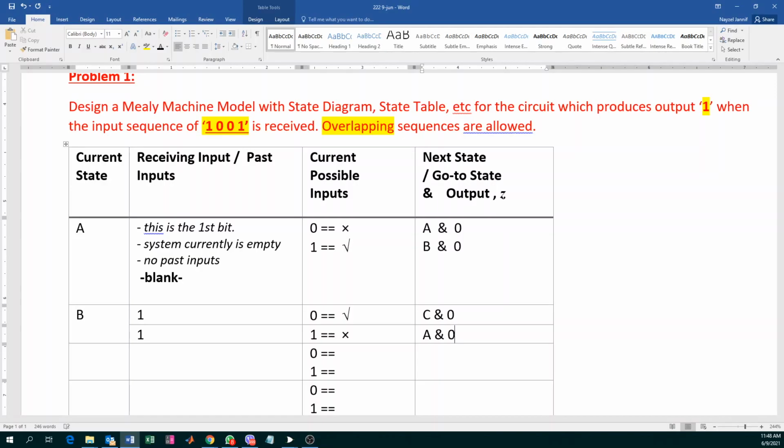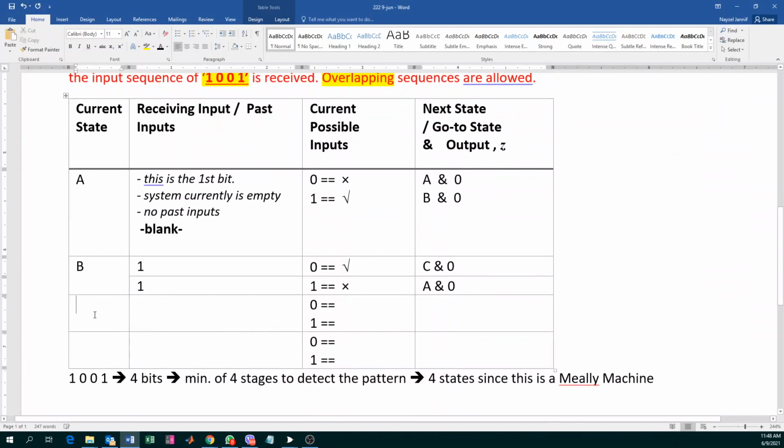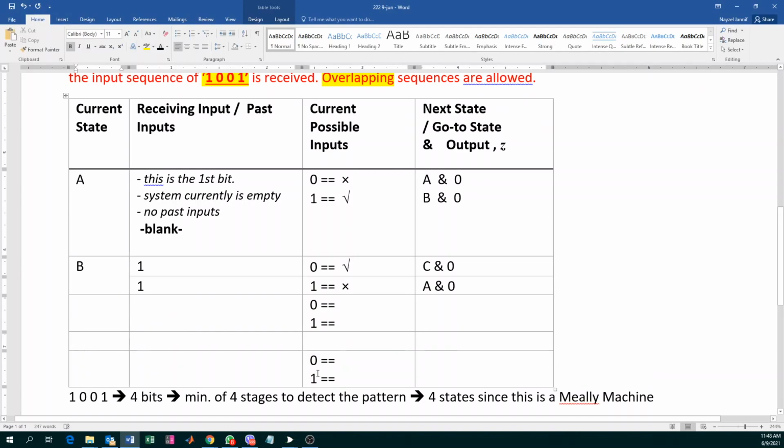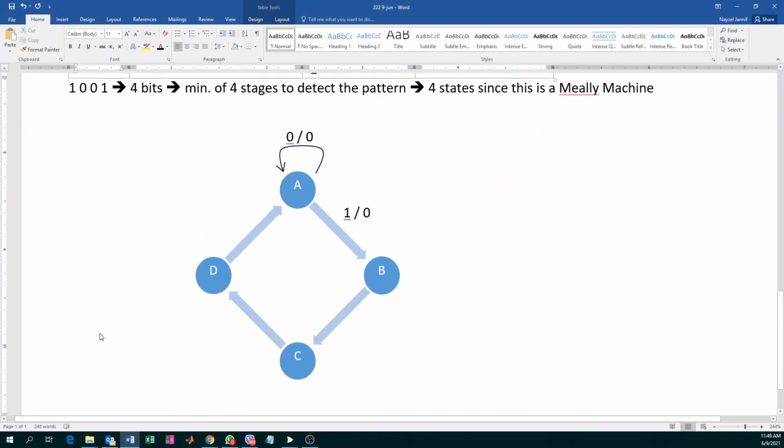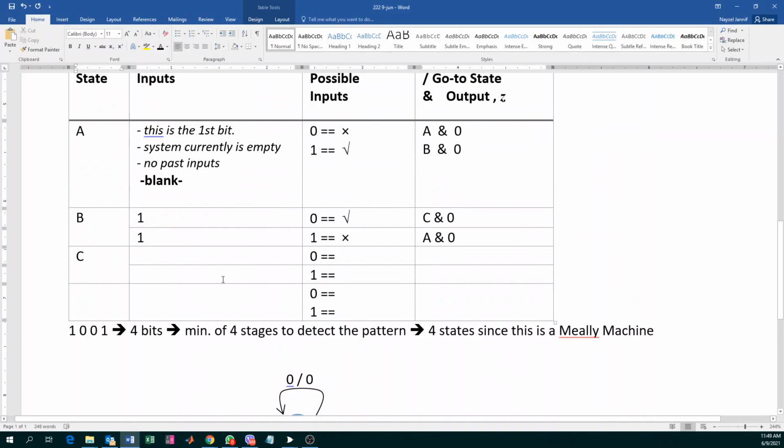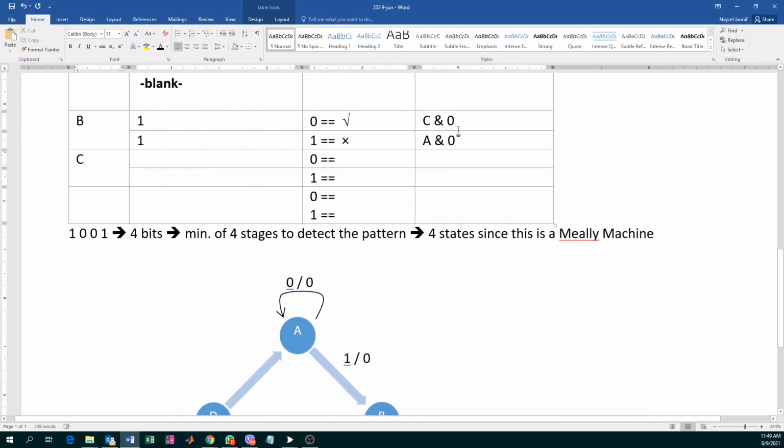Okay. Now let's look at the third one. All right, let's look at the third one. Okay, and you have your particular input C. Your current state is C. All right. Let's now deal with whatever happened over here.